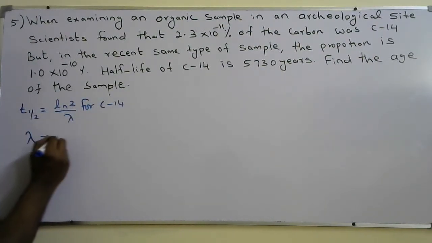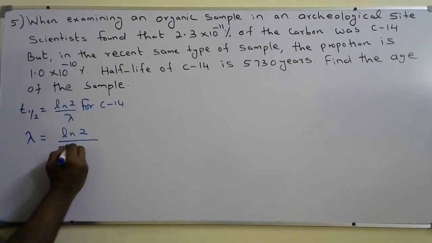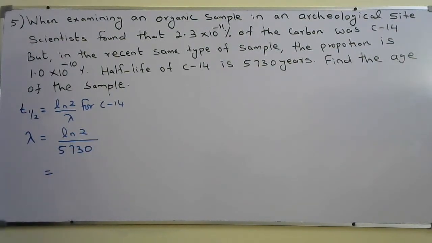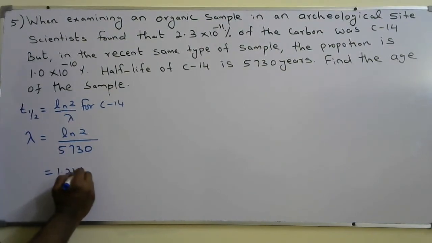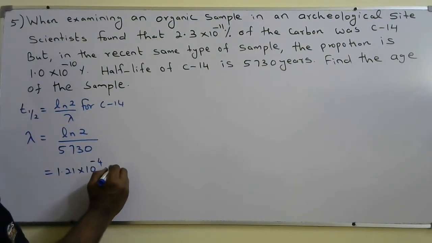So the decay constant is ln2 over 5730 years. We'll get it per year. So we'll get lambda, which will be 1.21 × 10^-4 per year.